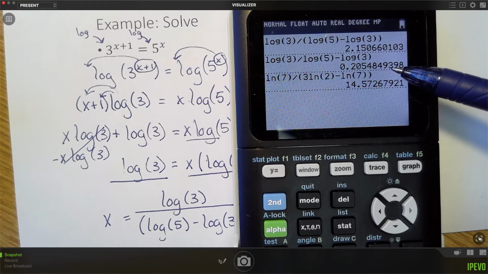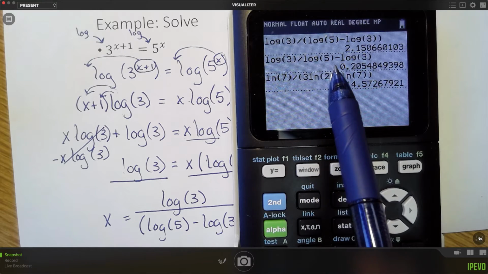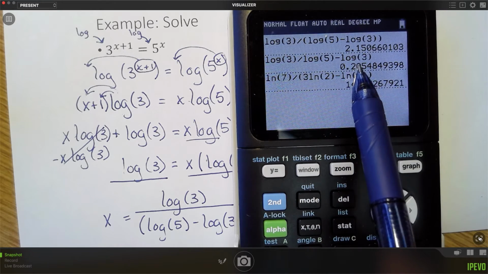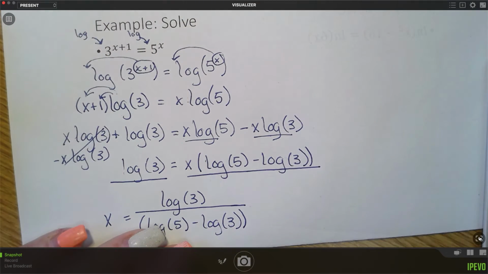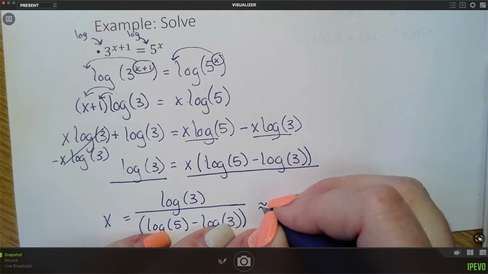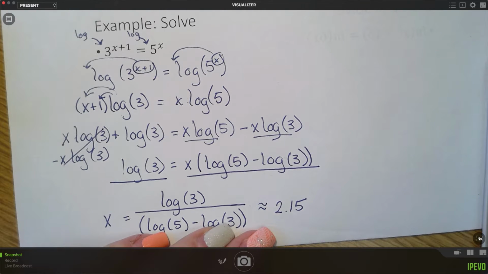Do I get the right answer? No, because your calculator took log of 3 divided by log of 5, then subtracted the log of 3 from it. And that's not what I wanted to do, is it? Bad. No, no. So you should get 2.15.